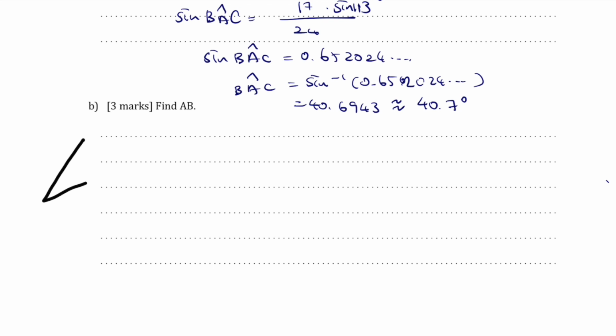So this is the triangle that we have, and we know that this is point A, point B, and point C. We know that this angle is 113 degrees. This side is 17, 24, and we also calculated this angle as 40.6943.